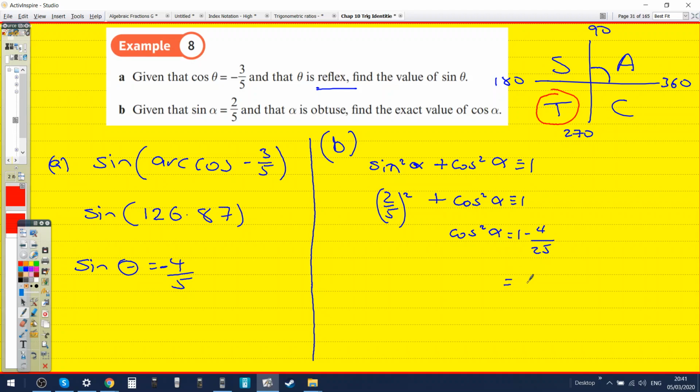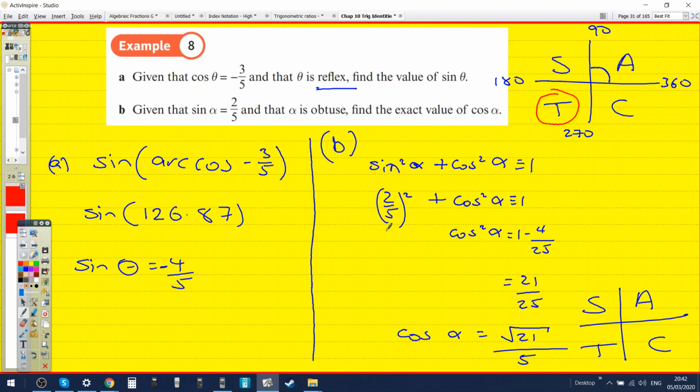Then would we verify that? Sure. So we see sine alpha equals 2 over 5, so we find alpha. Just do arc sine 2 over 5, which is 23.57. And then cos. So I'd verify using the positive diagram.